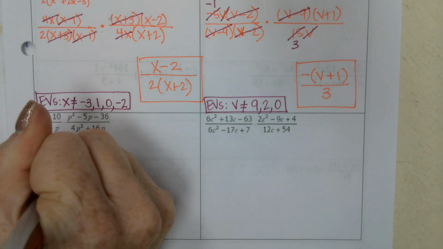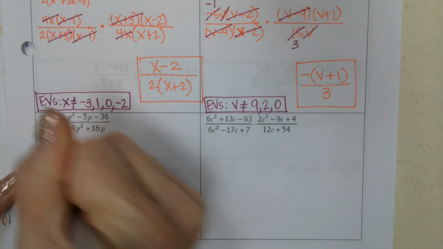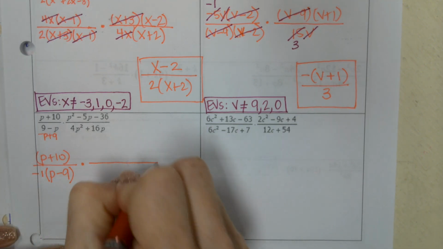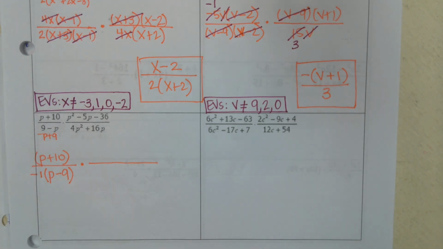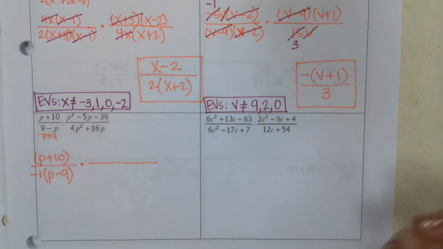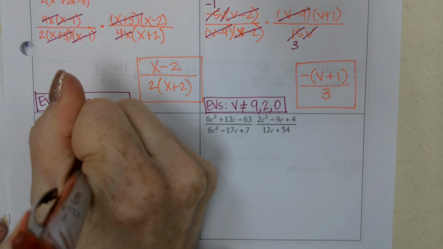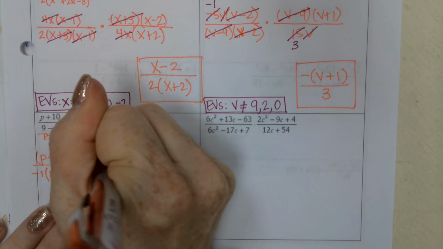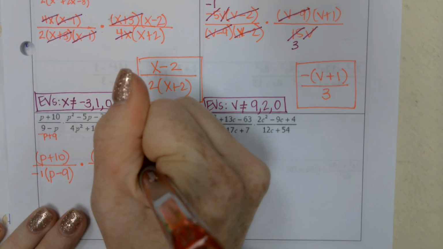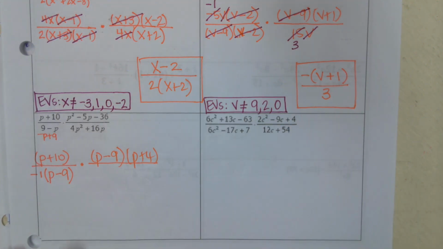That leaves me with positive p minus 9. And then I want to think about the numbers that multiply to give me negative 36, add to give me negative 5. Negative 9, positive 4. Perfect. Negative 9, positive 4.